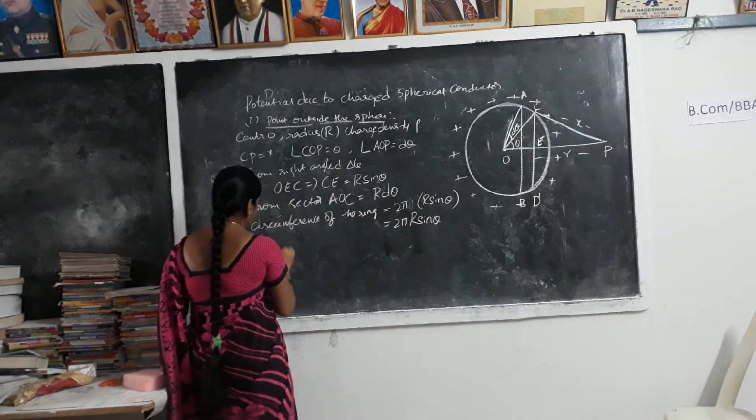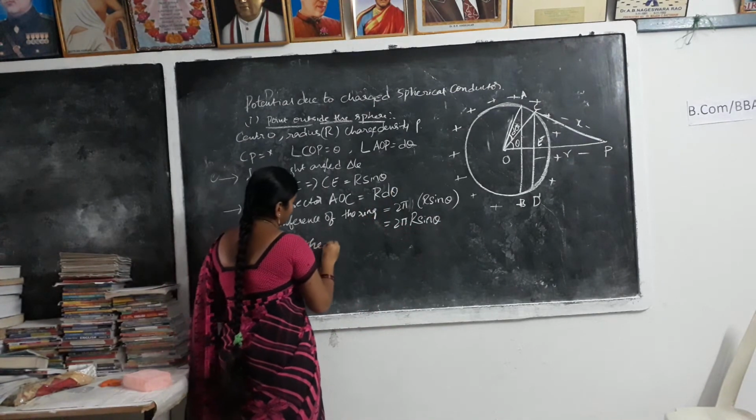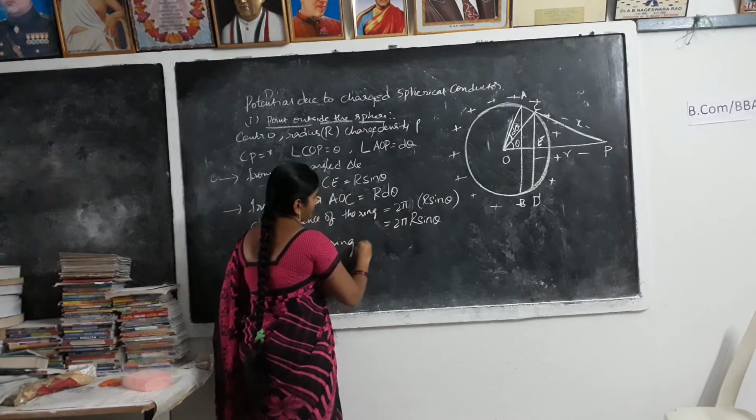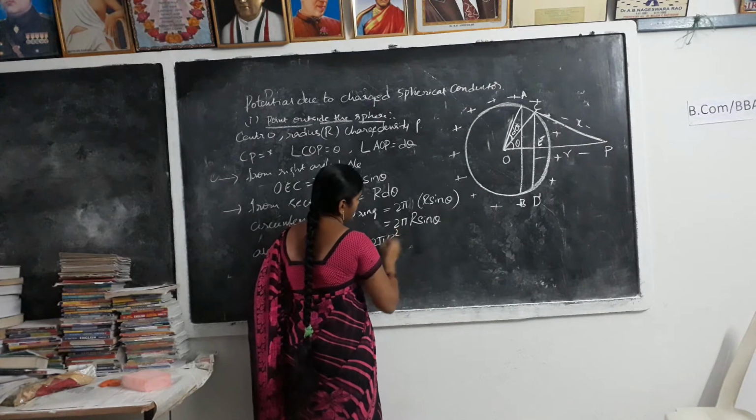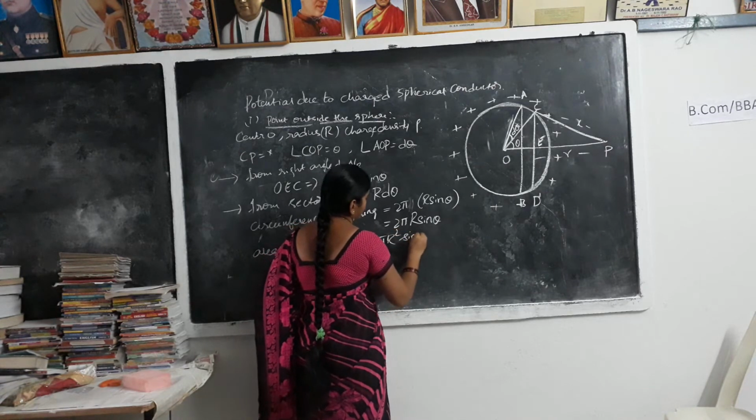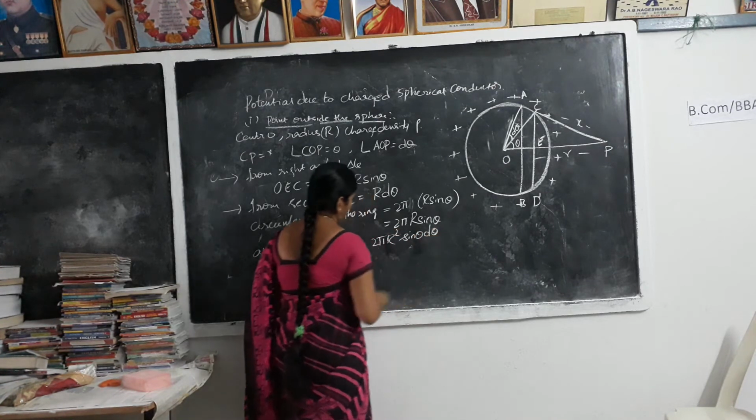Then the area of the ring is 2 pi R square sin theta d theta.